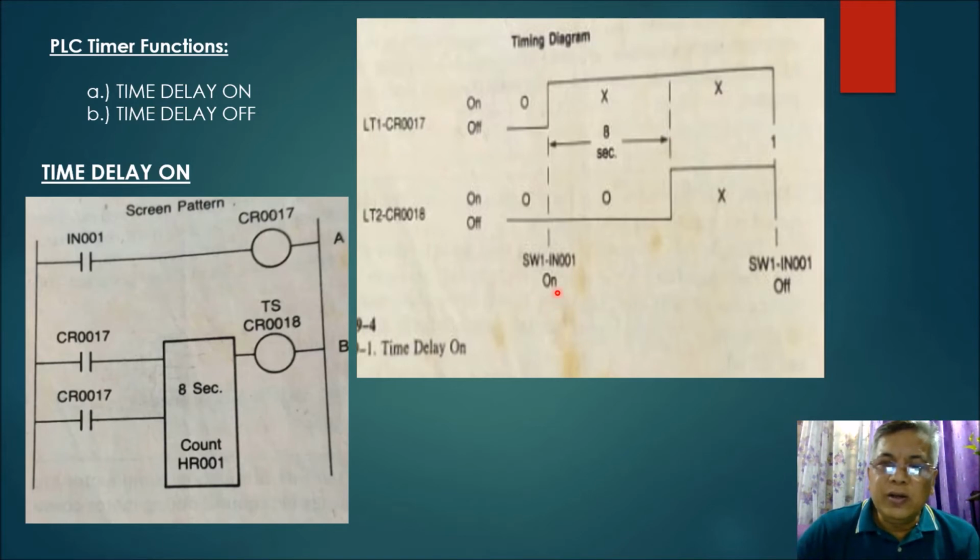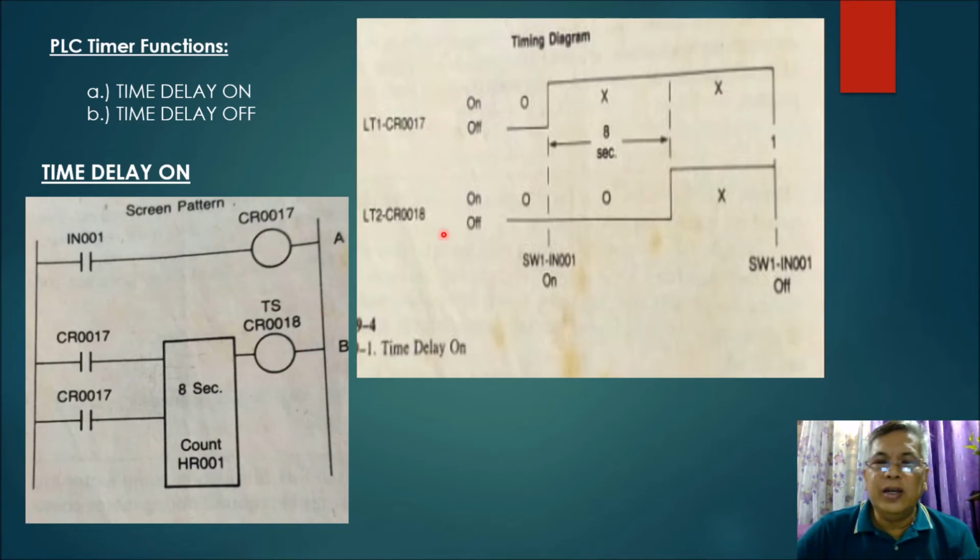Now, when you turn on input 001, which is this one here, automatically, from the condition of your CR017, which is turned off, when you turn on input 001, it will turn on. CR017 here will be energized, so it becomes 1. Okay? And then once CR017 is energized, this is closed, then it will count 8 seconds before CR018 here, which is originally from the off position, after 8 seconds, it will turn on. Okay?